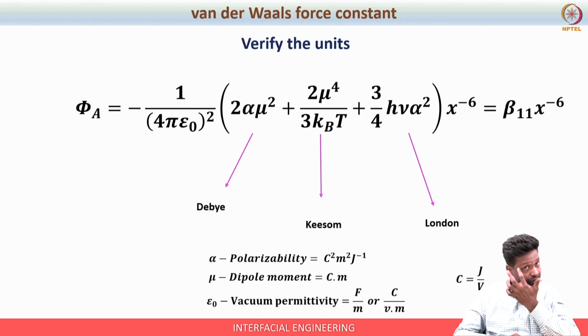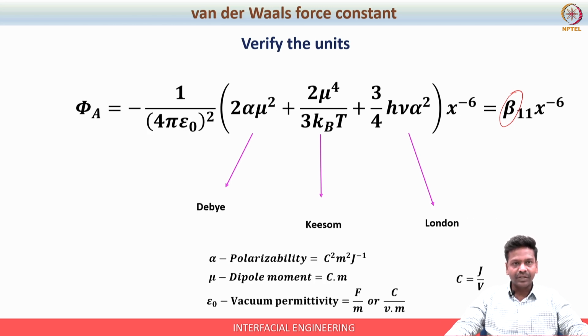As described before we begin, let us first understand the van der Waals force constant, from where we left. It is very important that you should know that the beta, which is the van der Waals force constant, carries a unit with it.